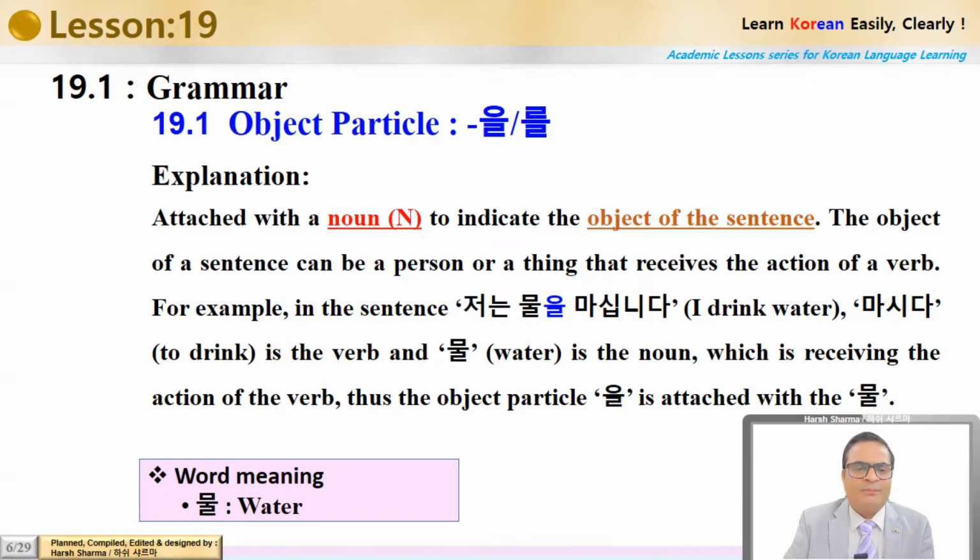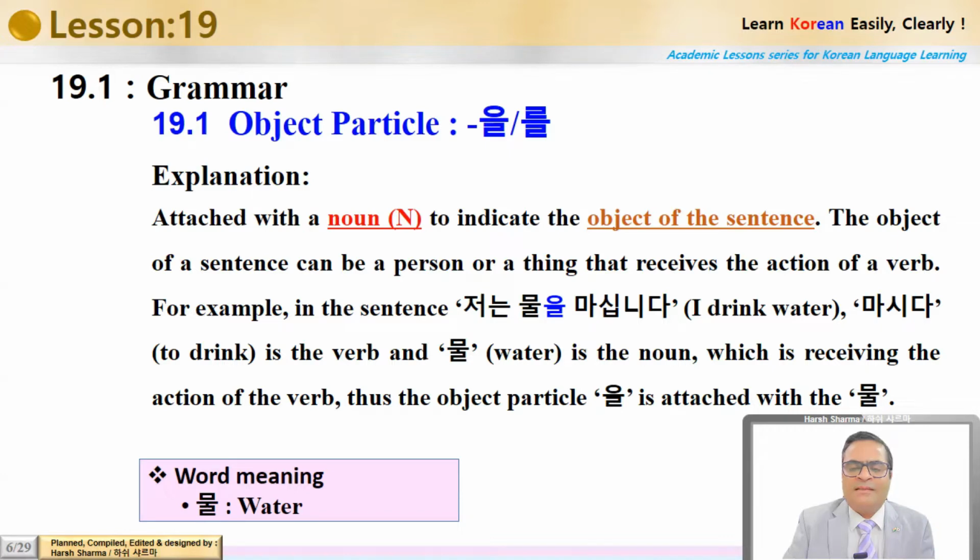What is an object? The object of a sentence can be any person or thing that receives the action of the verb. For example, in the sentence, you can see 저는 물을 마십니다.